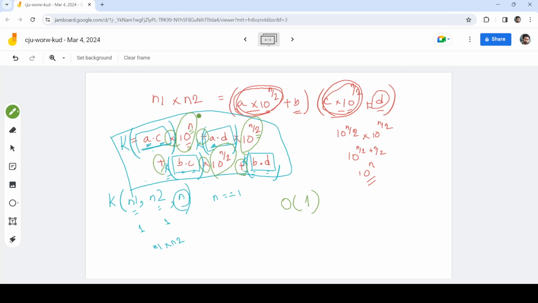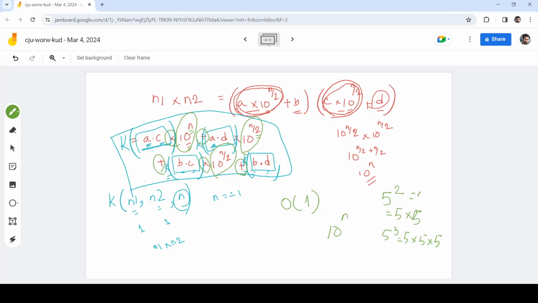So to find out the time complexity of 10 to the power n, let's see what the time complexity of 5 to the power 2 is. 5 squared is nothing but multiplying 5 two times. 5 cubed is nothing but multiplying 5 three times.